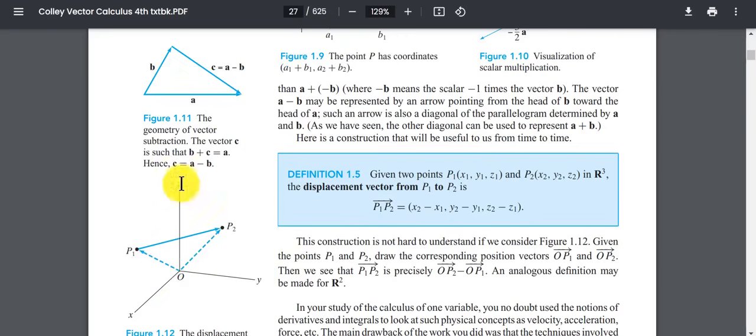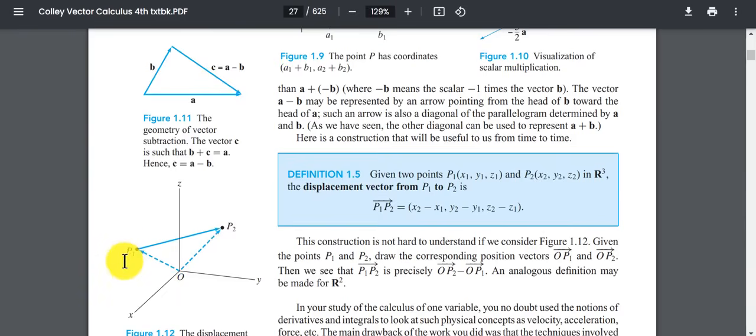We just talked about A minus B being the vector that goes from B to A. So this one goes from here to here. So it's this one minus this one. But in this particular definition, they're not thinking of this vector, they're thinking of this point. And they're not thinking of this vector, they're thinking of this point. But you can see that it's more or less the same thing.